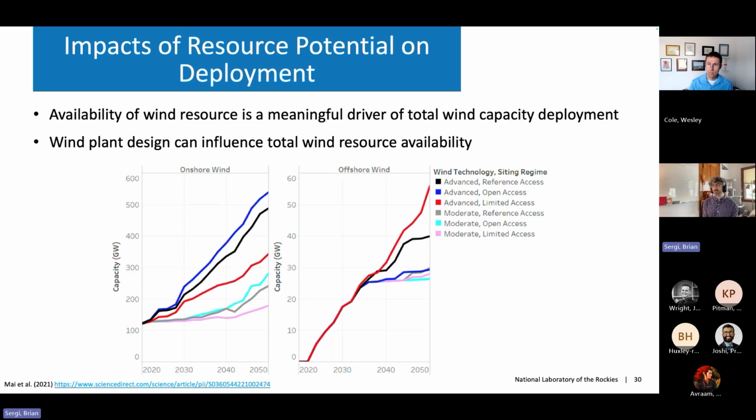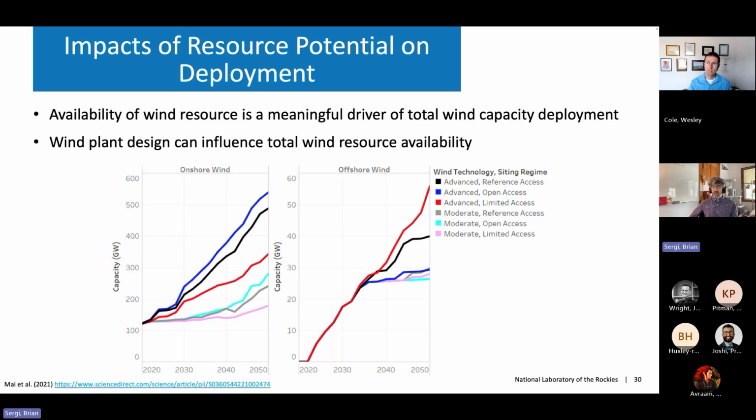So you'll find that the higher siting restrictions will cut down on the amount of total deployed wind in future deployment scenarios. This is from a 2021 study. You can see that the land-based wind capacity varies from a little over 500 gigawatts to just under 200 gigawatts, depending on the nature of that siting restriction. So quite a big difference in how much wind you're building on the system based on what's available to the model.